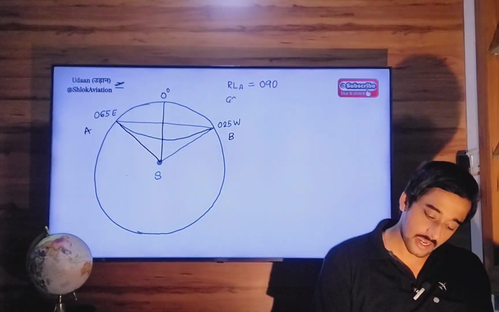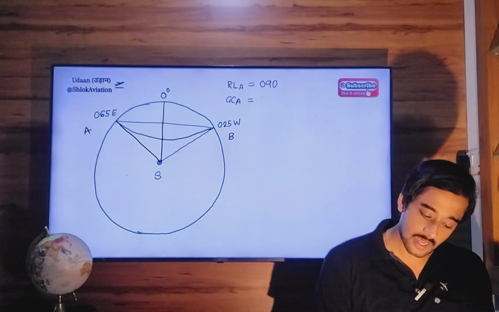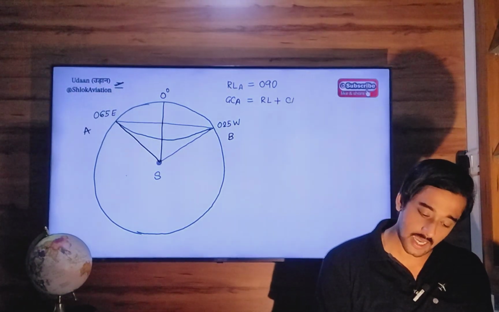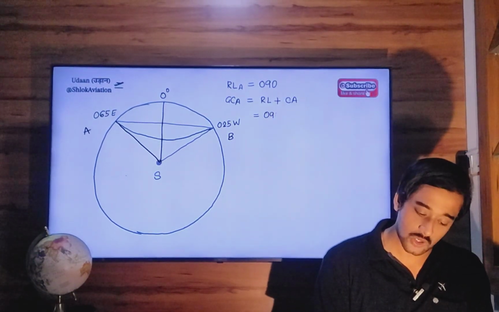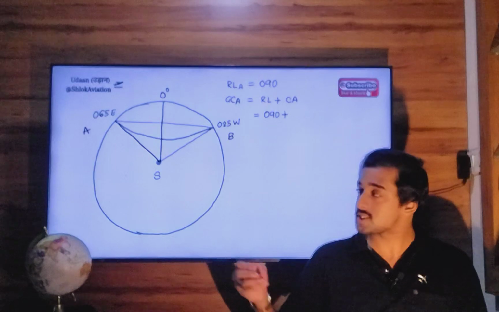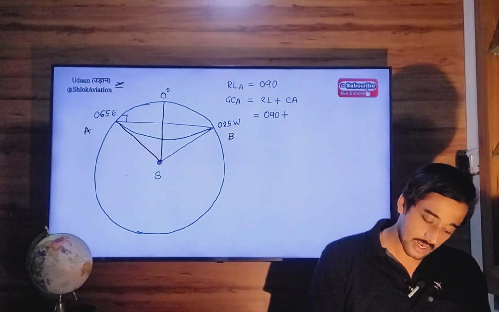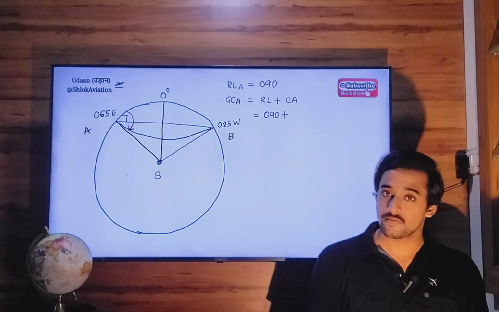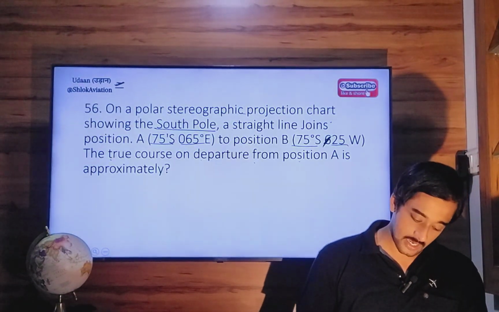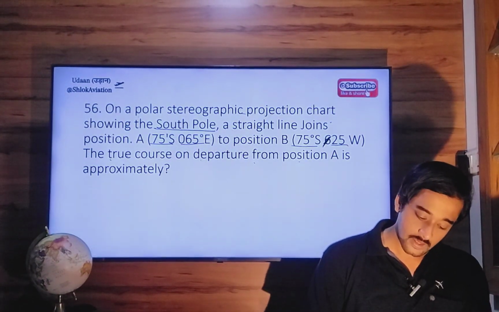Great circle track at point A will be rhumb line track plus the convergency angle. So 270 plus convergency angle. Why plus? Because great circle is this. This is your rhumb line. Great circle is more than that. The convergency angle here is what?